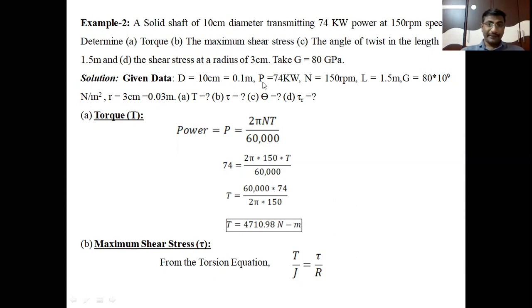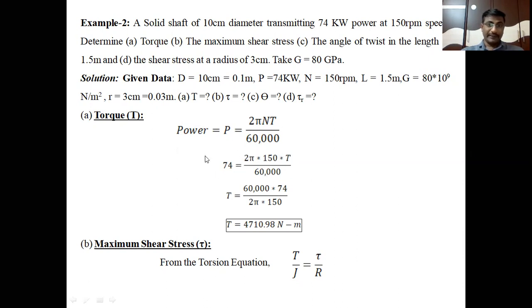So by the given data, power is given. By using this power, we should find the torque first. The power formula is P equals 2 pi N T by 60,000. First bit is torque. From this formula, the power is 74 kilowatts, 2 pi N where N is 150 rpm, T divided by 60,000.